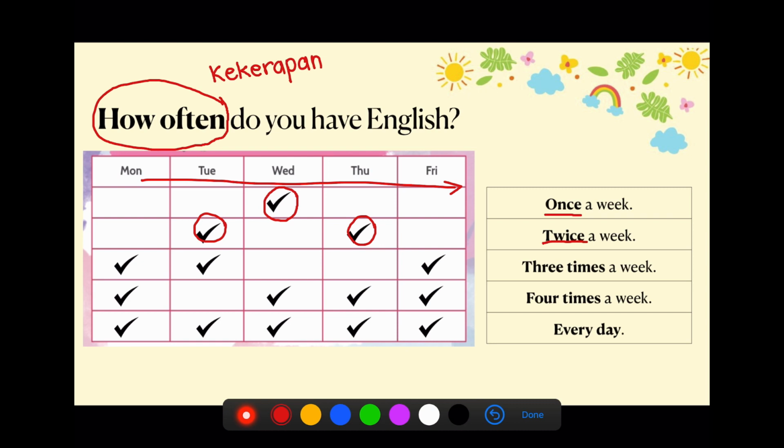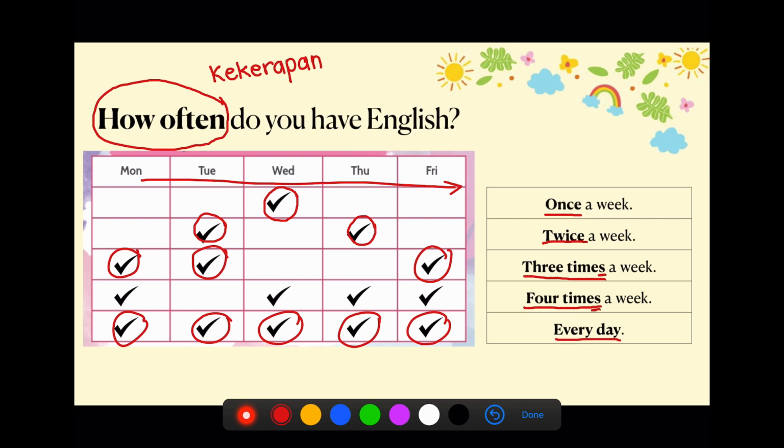Yang lain usually the same. 3, we call it 3 times a week. Remember, there's S here, times. And then we have 4 times a week. And lastly, kalau semua kolom ada tick ni, kita boleh kata 5 times a week, or we can also say every day.